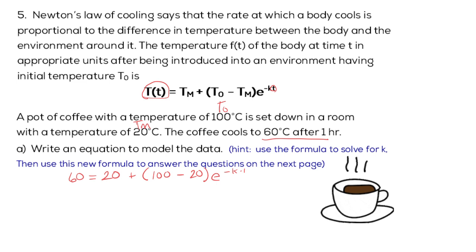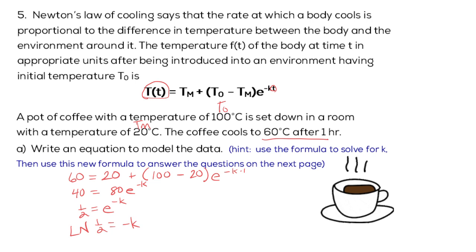First step, subtract the 20. I'm going to combine what's in the parentheses. That's going to be 80 e to the negative k. Next, I'm going to divide by 80. That turns into 1/2 equals e to the negative k. Switch to a natural log: the natural log of 1/2 is equal to negative k.